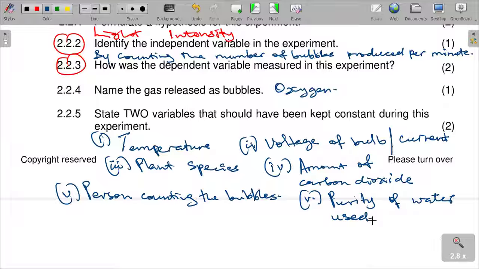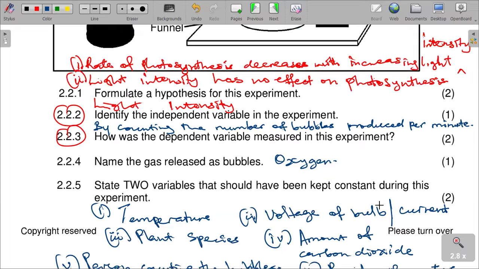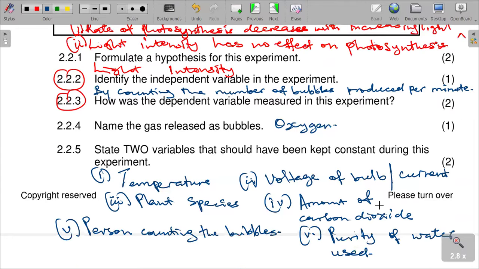Purity of water used. So these are the variables that can be kept constant during the investigation. Temperature must be the same. Plant species, we mustn't change them because we need to know how this plant is releasing the oxygen.